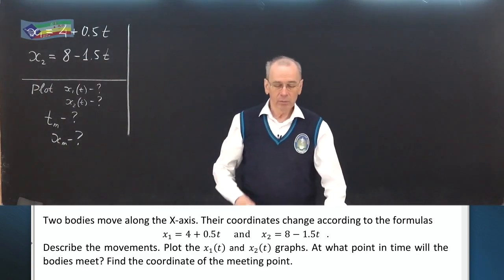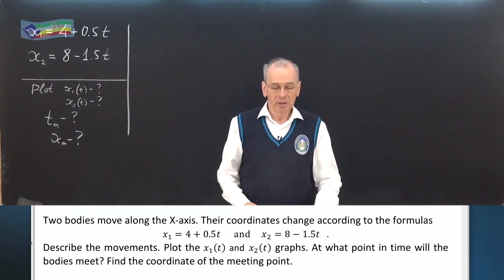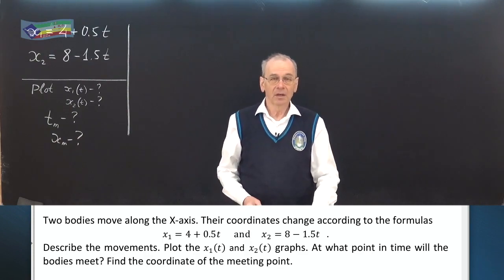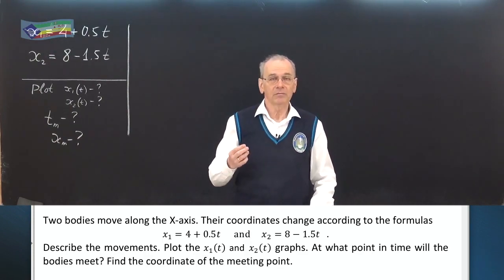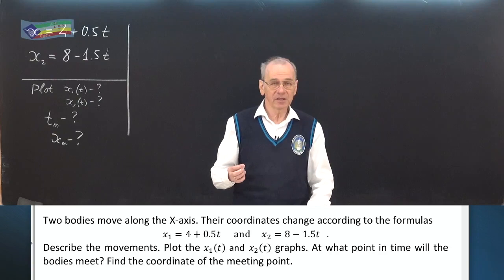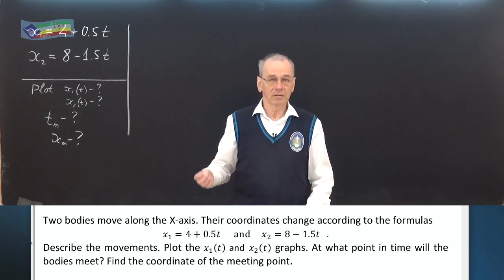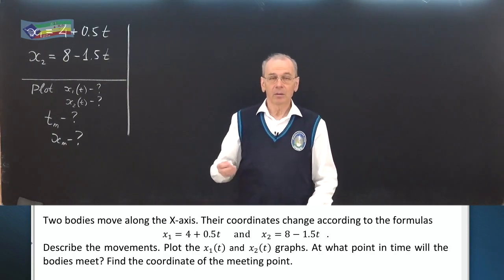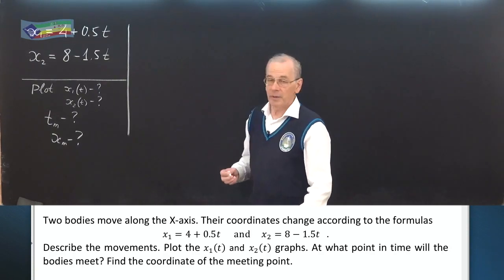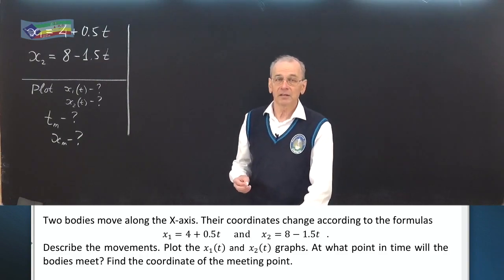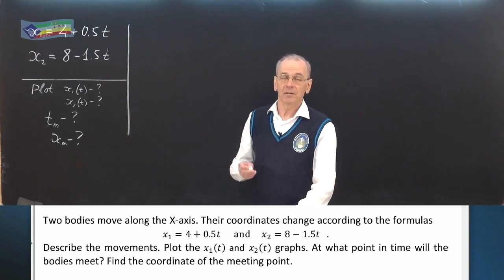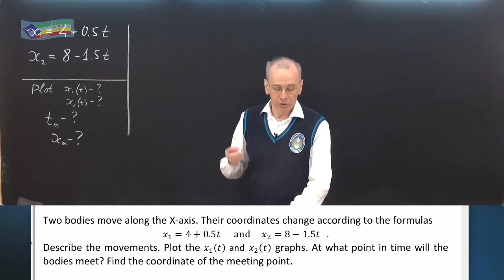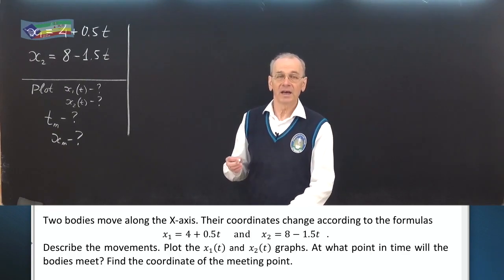Well, what does it mean to describe the movements? We should find the initial position of both bodies and their velocities or their speed. To answer the question, let us write down the standard formula for uniform motion in a straight line.